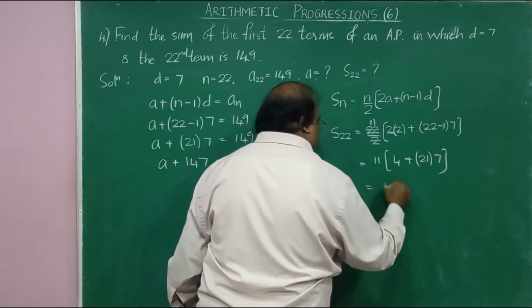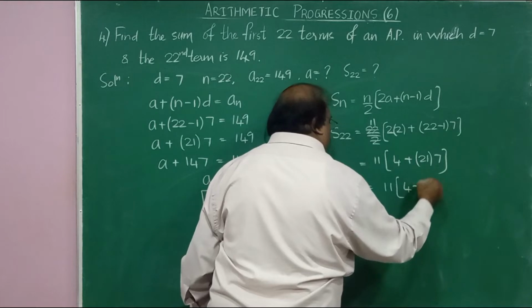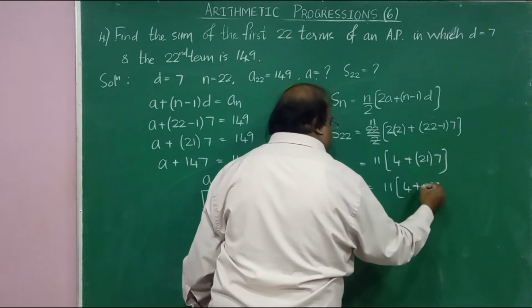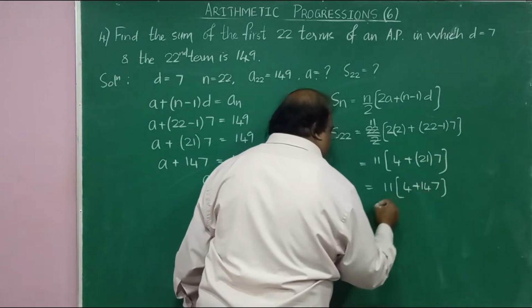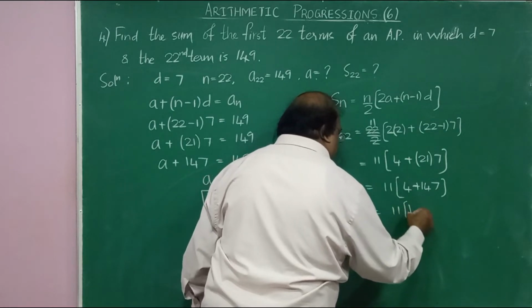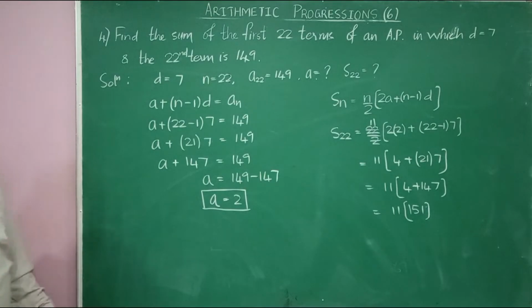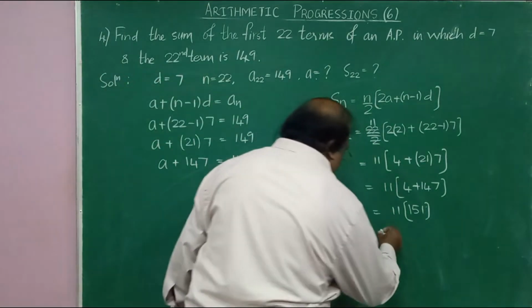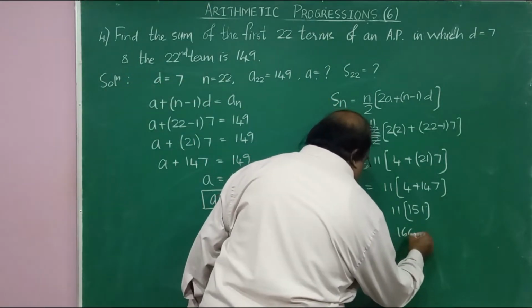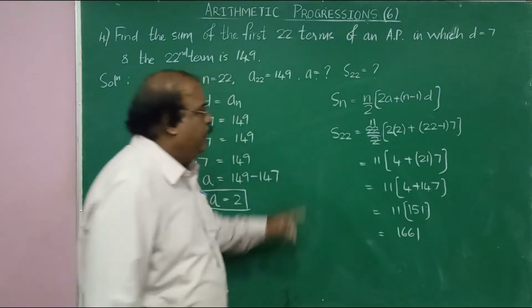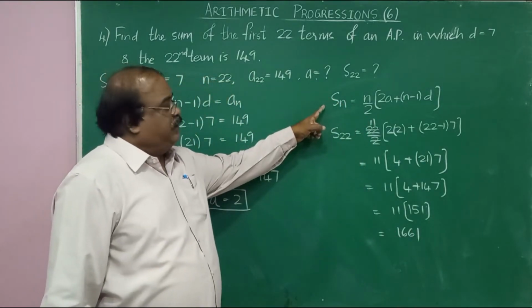So you get 11 into bracket 4 plus 7 ones are 7, 7 twos are 14, so you get 11 into 151. Now what is 11 into 151? 1661.